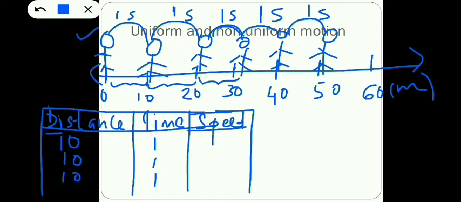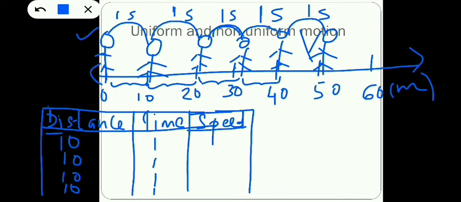And for another 1 second, what is the distance traveled? 30 to 40 means again it is 10 meter, and the time interval taken to cover that distance is 1 second. So this is the journey, and I'm not considering this portion because we don't have enough space here. So this data is enough.